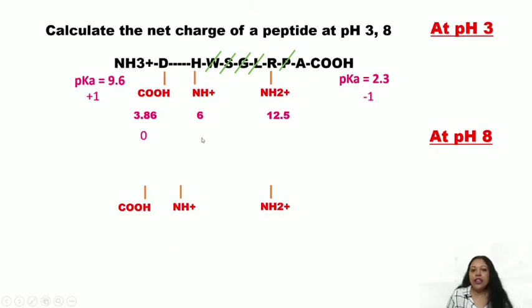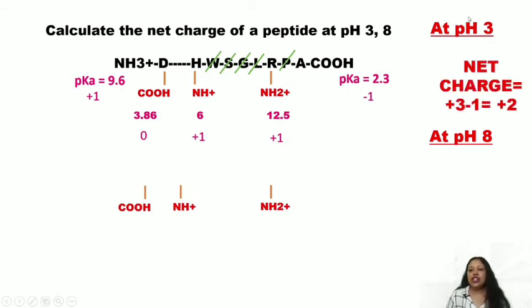It will hold its proton, and an amino group with a proton imparts +1 charge. Same as the R group of arginine. 12.5 is much higher than 3, so it will also be +1. So the net charge of the peptide at pH 3 is +1, +1, +1 and -1, so it will be +3 - 1 is equal to +2.